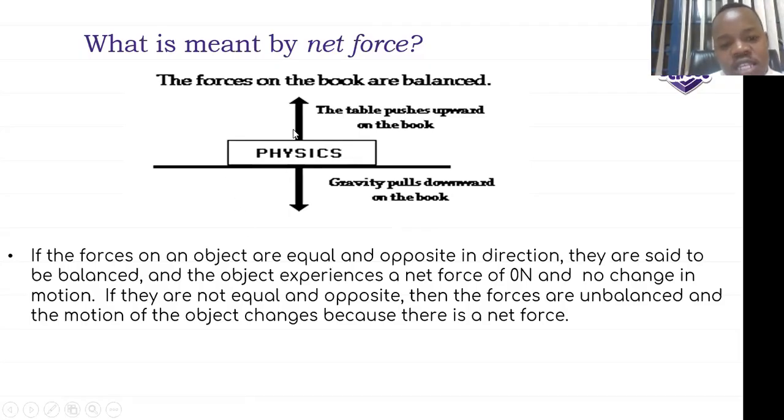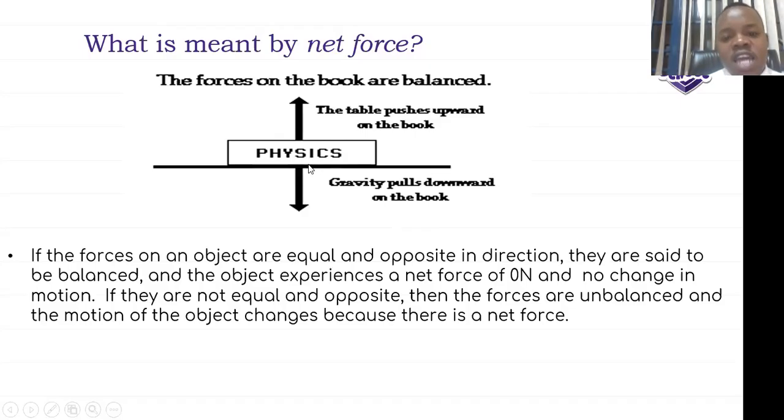So if we look at this physics textbook that is sitting on a table, there is a force of gravity acting on this textbook, and this force of gravity is acting downwards. Because this physics textbook is on a surface, there is also a force that the surface exerts on this textbook. And that force, we call it the normal force.